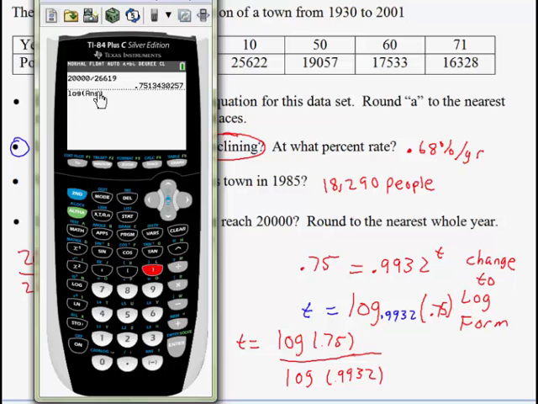So this is really the log of 0.75, and then divide by log 0.9932, right parenthesis, press enter, and that would be using the full accuracy of my calculator to get that it's about 41.9. If you let me round this 8 up, since this digit's a 9, I get 41.9 years.